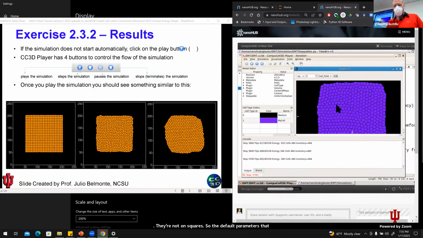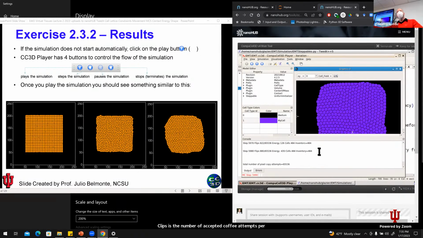If I look down here in the console window, it'll say that there are 484 cells in my simulation. Your number may not be quite the same. You'll see something called step. That's the Monte Carlo step of the simulation. You'll see something called flips. Flips is the number of accepted copy attempts per Monte Carlo step. Remember, we had this idea, we try to make a lattice copy. We may make it or not.